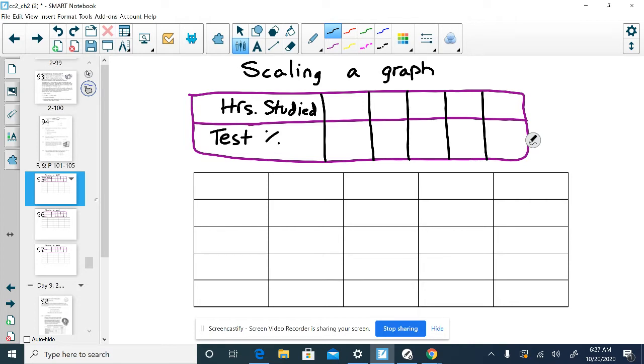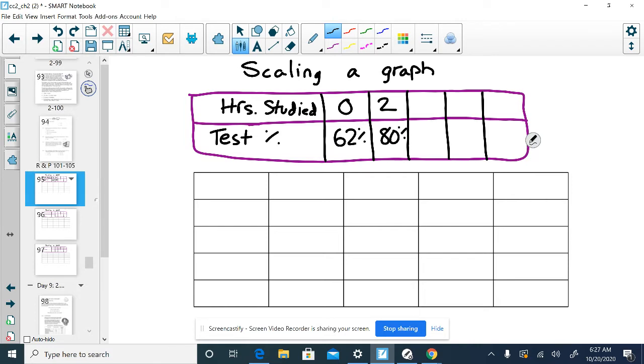Let's say a student studies for no time at all, then their test score is 62%, and then another student studies for 2 hours, and this time their test score is 80%.